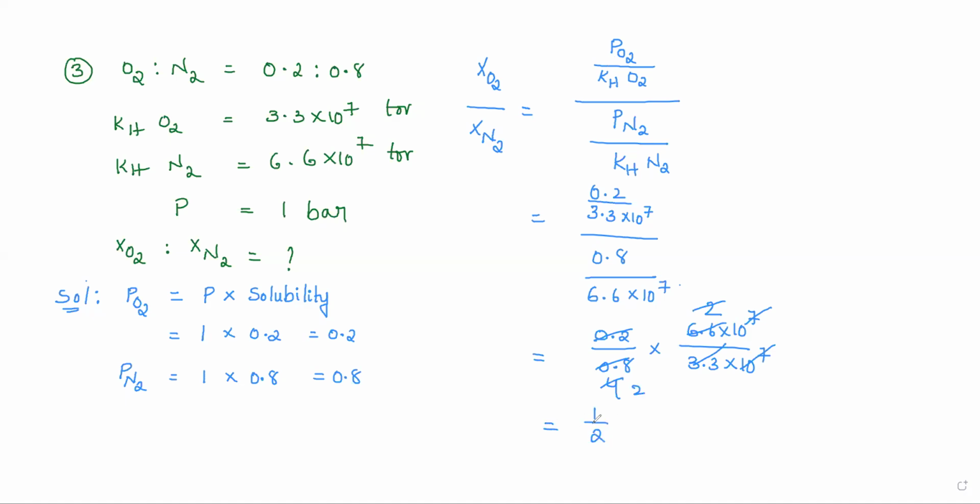That means the mole fraction of oxygen to the mole fraction of nitrogen is equal to 1 is to 2. Is that clear, all of you? Any doubt you have here? Just let me know. This is the thing you need to ask.